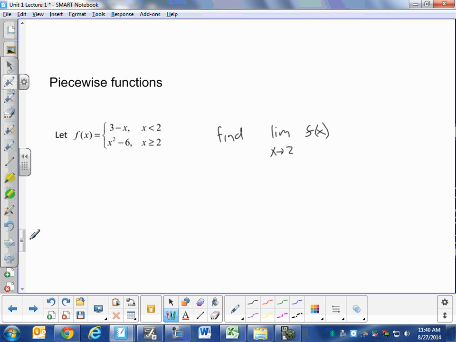And this function is defined by x squared minus 6 when our inputs are 2 and greater. And the question is to find the limit as x approaches 2. We might as well find the one-sided limits as well. Find the one-sided limits and then tell me what the limit is.